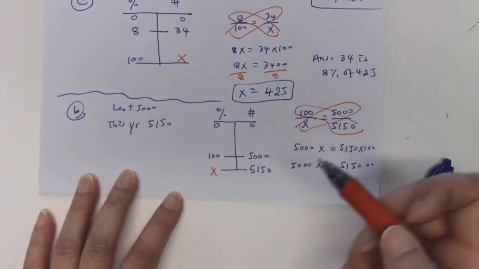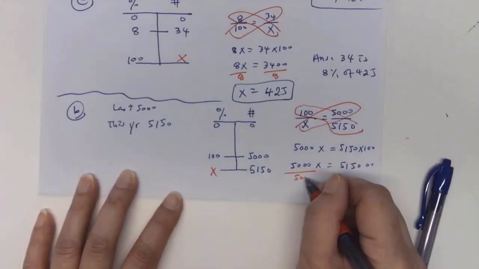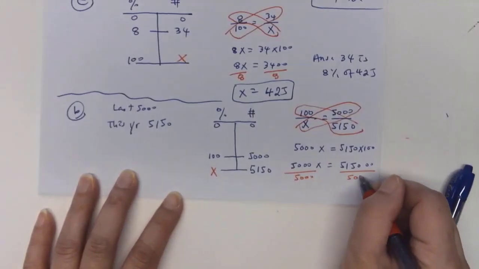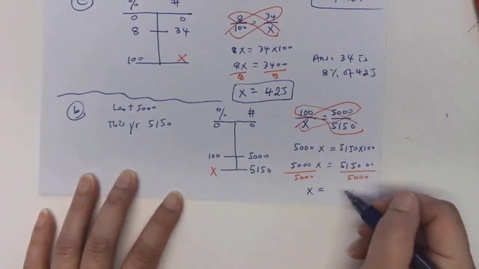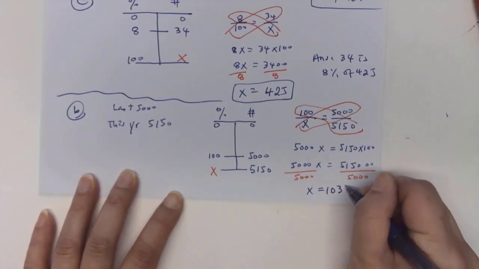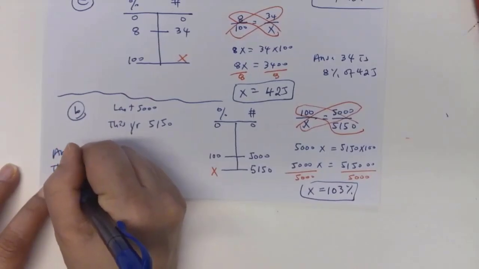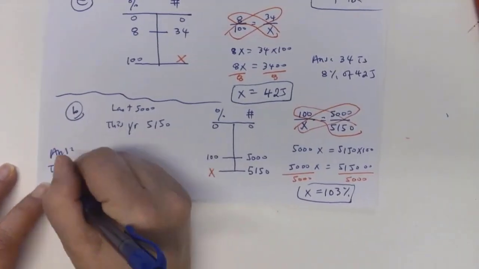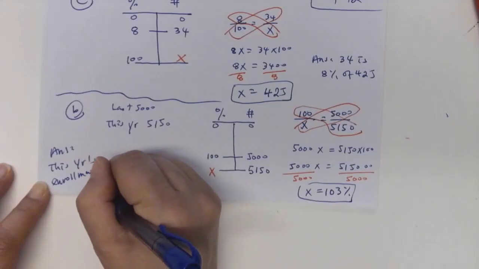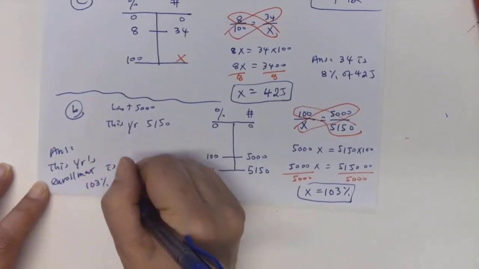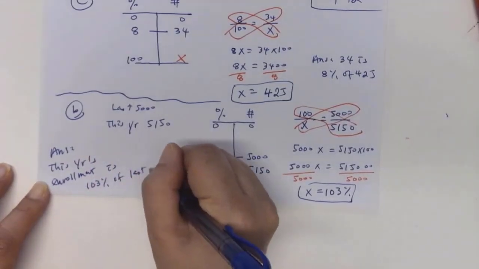Divide both sides by 5,000. Anybody have an answer? 103. This is going to be the answer. We'll say this year's enrollment is 103% of last year's enrollment.